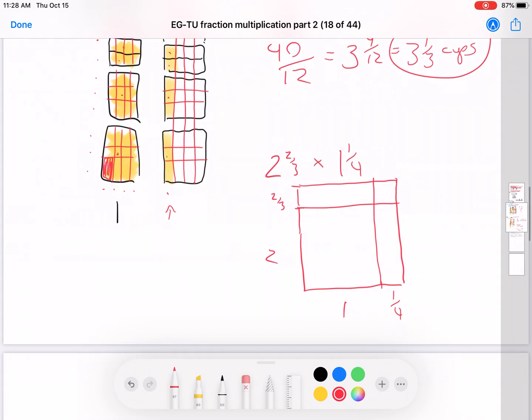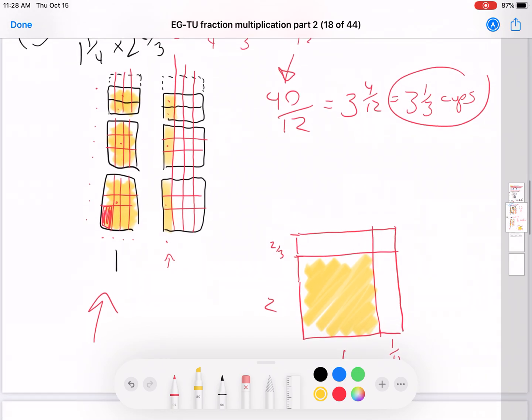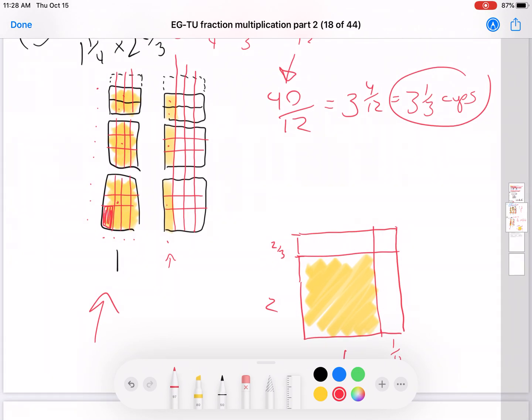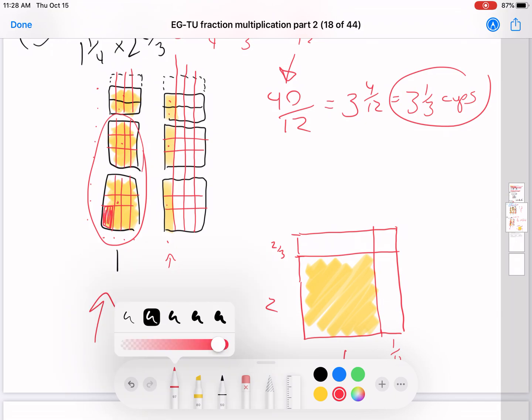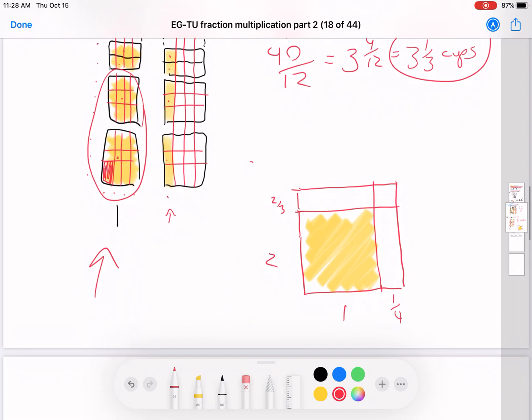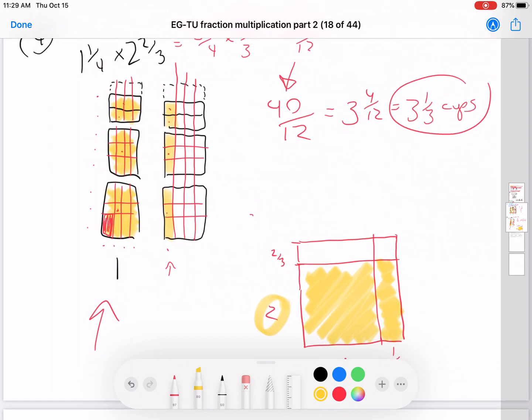What you get here is basically the same picture that we had before, which is this area in the middle is 2 times 1, which would be these two holes. This section over here would represent 1/4 times 2, and that would be this part right here.